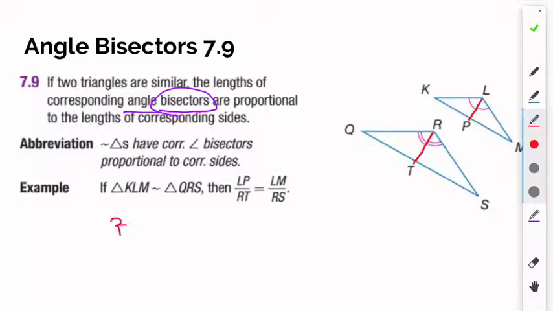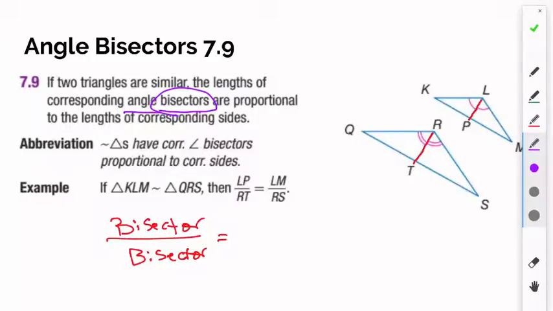So bisector over bisector of similar triangles is equal to lengths of corresponding sides. Let me switch up colors here. In this case, they chose side LM and side RS. Notice those two side lengths are corresponding, so side over side.